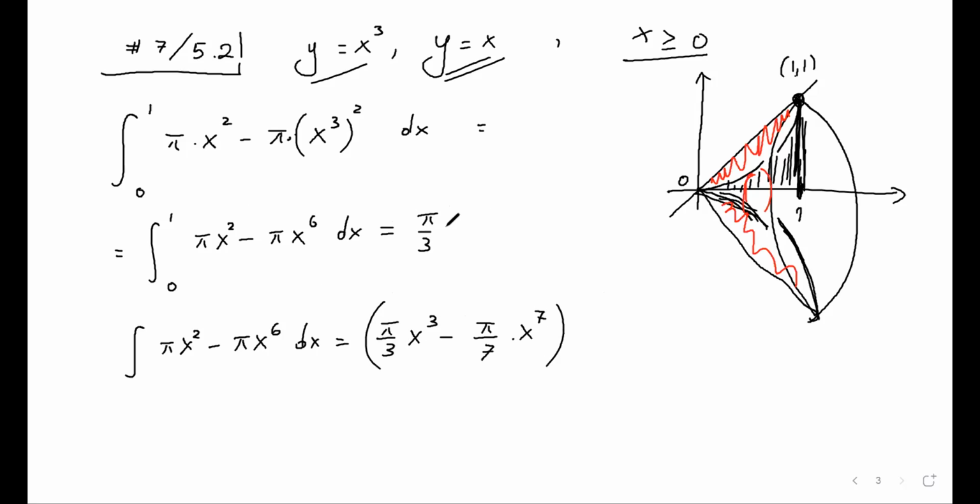So pi over 3 at 1, you get minus pi over 7, right? So this is at 1. And then at 0, you get 0. So minus 0, and that's 7 pi minus 3 pi, it's 4 pi over 21. This is the calculation, and that's the answer for this particular problem.